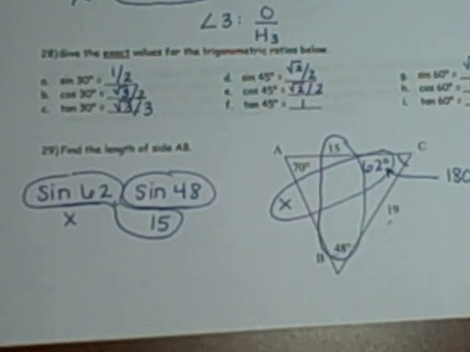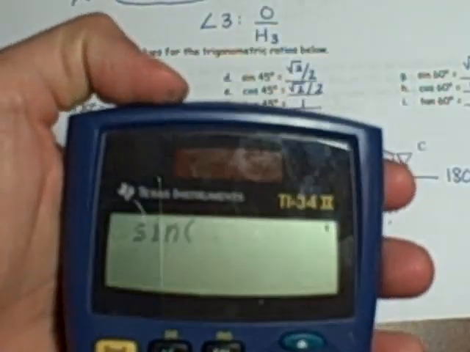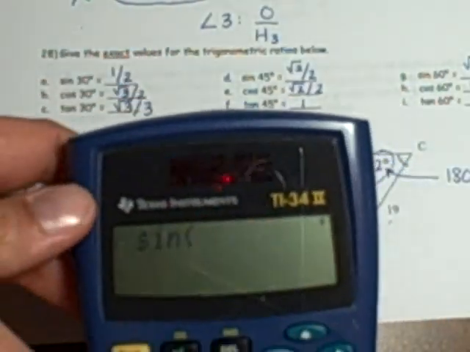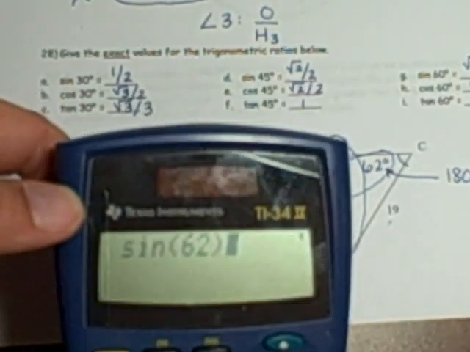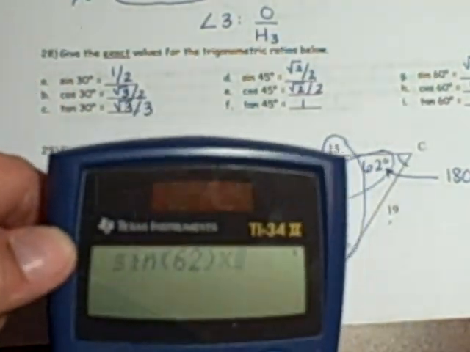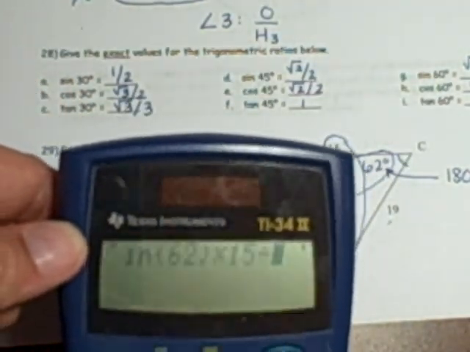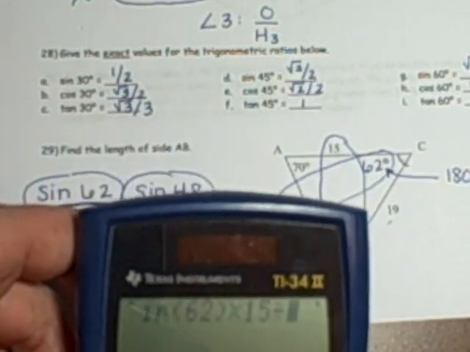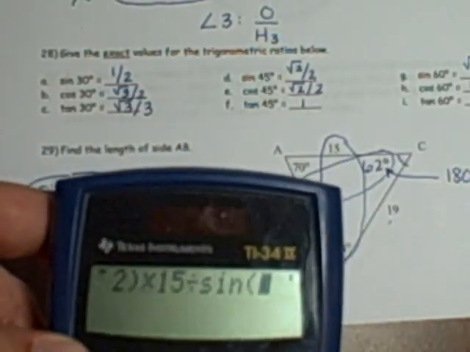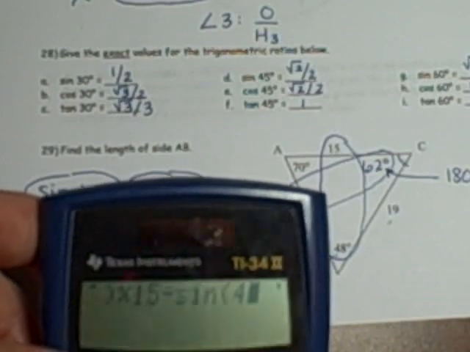Okay. So in my calculator, I would type, let me show you here, sine of 62, make sure you close off those parentheses, times 15, and then divide by sine of 48.